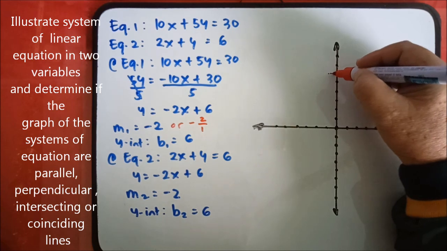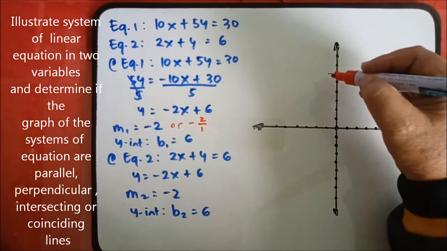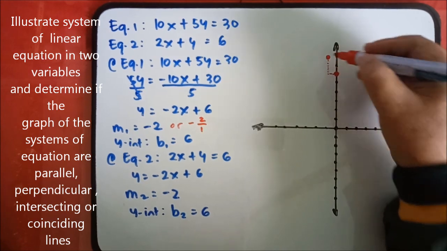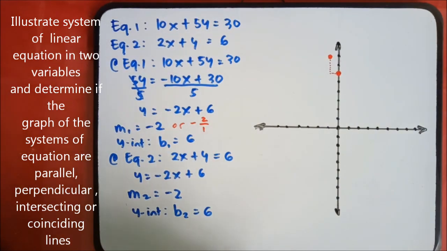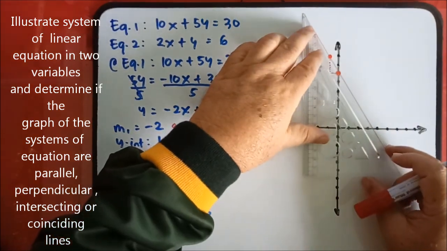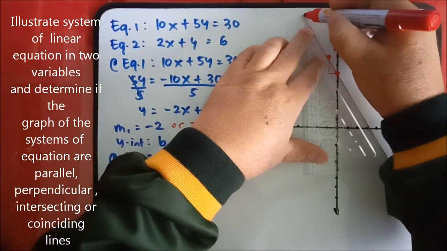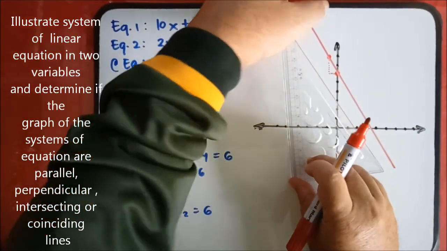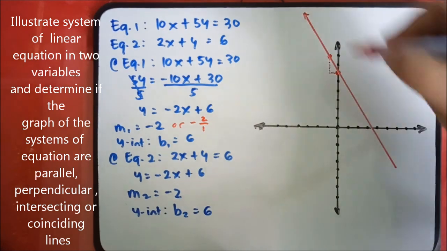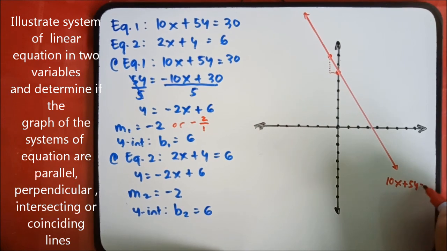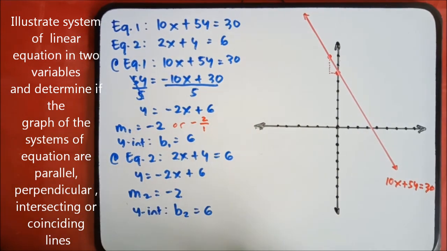Andito. And your rise is 2. Okay. So, nandito. Okay, this will be your graph. Connect. Okay. So, this will be your 10x plus 5y equals 30.